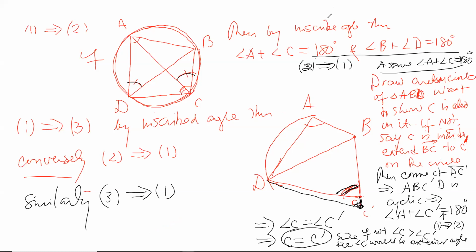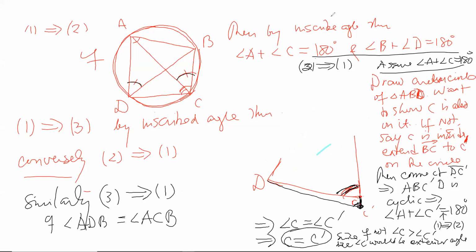So Edward, how do you prove 3 implies 1? Suppose angle ADB equal to angle ACB, how do you prove that these 4 points are on the same circle?